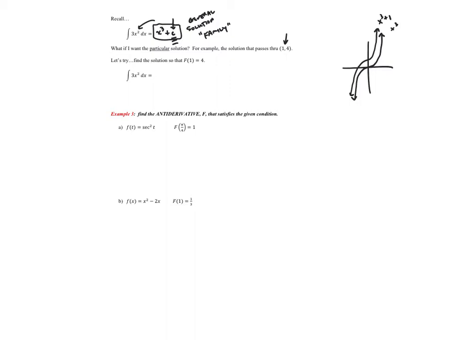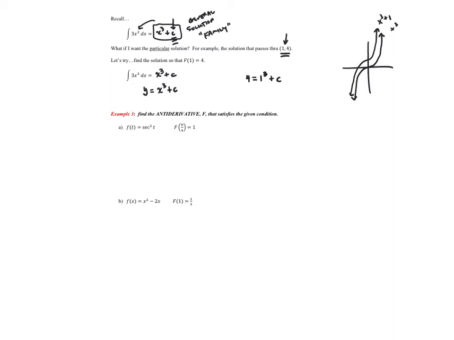So when we integrate, of course, we get this idea here. I'm saying that my function is y equals x cubed plus c. If that function is to satisfy the ordered pair 1, 4, then that means that 4 should equal 1 cubed plus c.